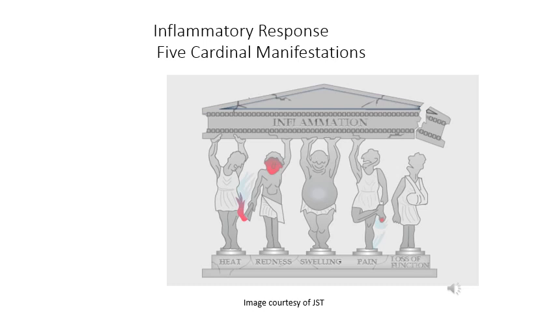I like this slide because it's basically talking about the 5 cardinal manifestations, or signs and symptoms, of the inflammatory response. So you can see heat, redness, and swelling, which we've already talked about. That heat and redness are a direct result of the vasodilation, that vascular response.